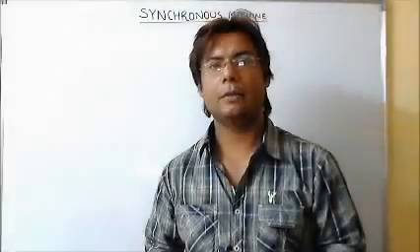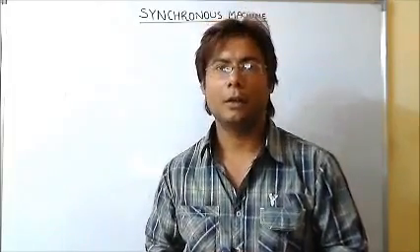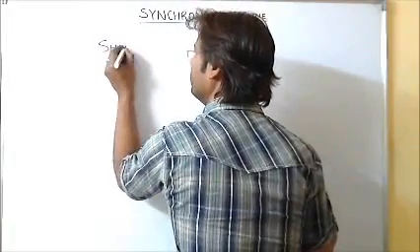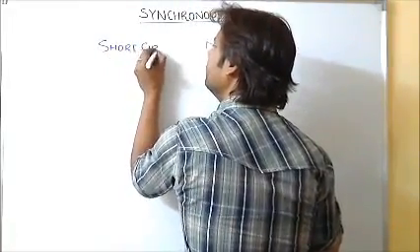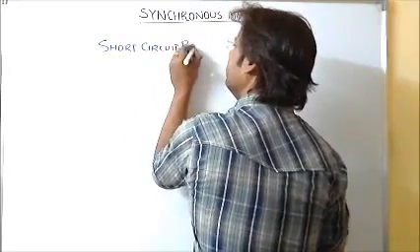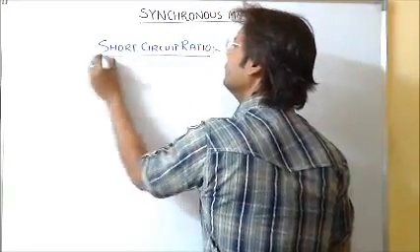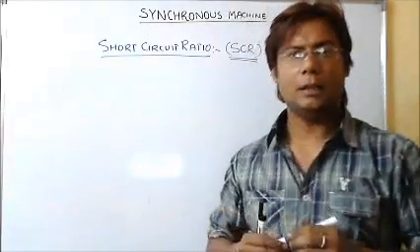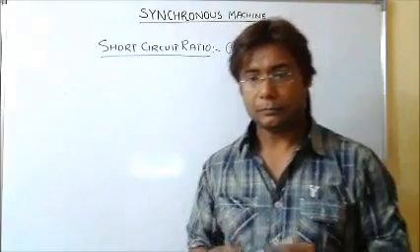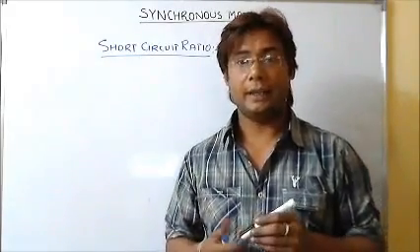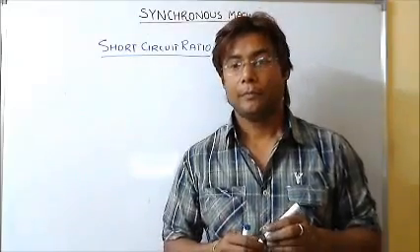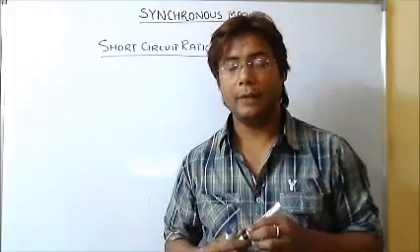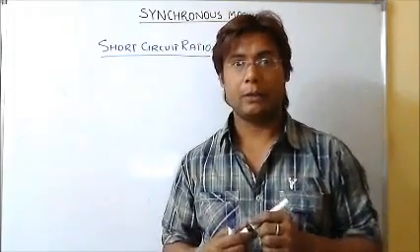One more important thing in the synchronous machine is called the short circuit ratio. It is also called the SCR. It is defined as the field current at rated voltage at open circuit divided by the field current at rated voltage at short circuit.